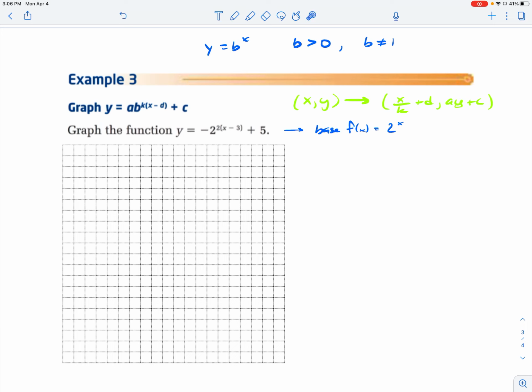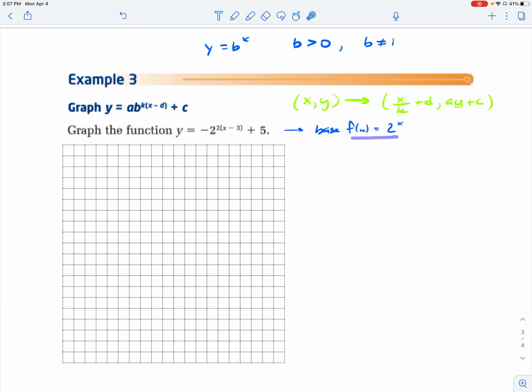You can go on Desmos and play around with something like this and put in negative values for the base, see what you get. Put in 0, see what you get. Put in 1, and then you'll know why these conditions exist.